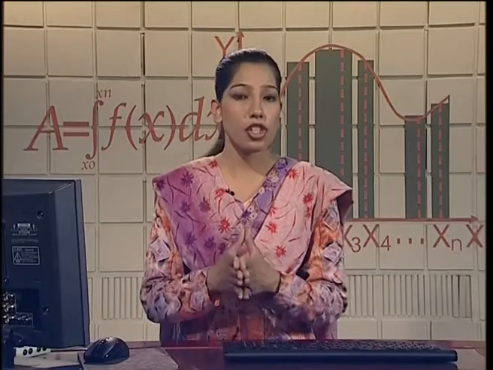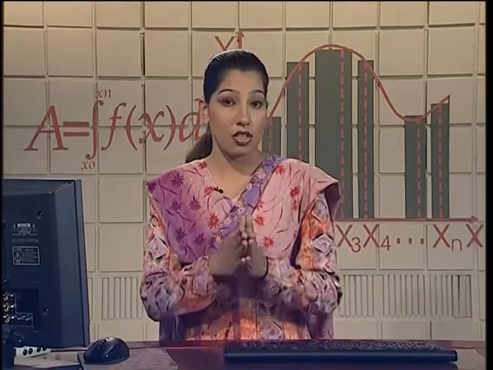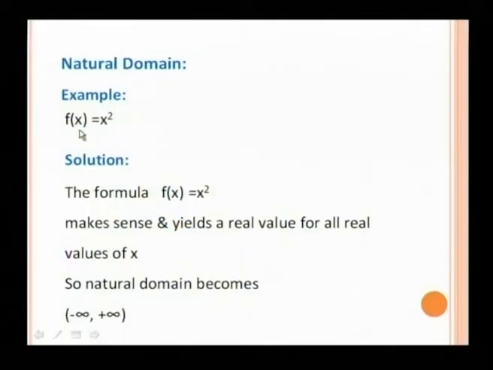For the explanation of this definition, you can consider an example which you can see on the screen. If we have a function f of x is equal to x square and we have to determine the domain for this function, then for the solution we consider that the formula f of x is equal to x square makes sense and it yields all the real values for x.